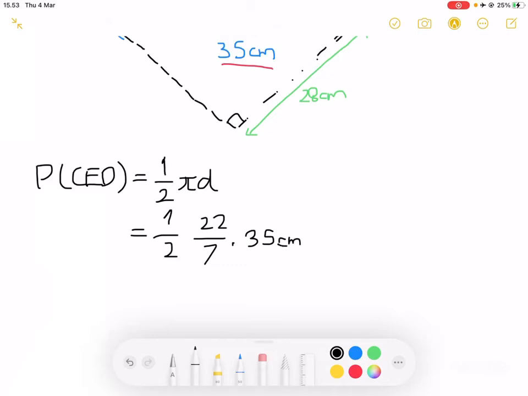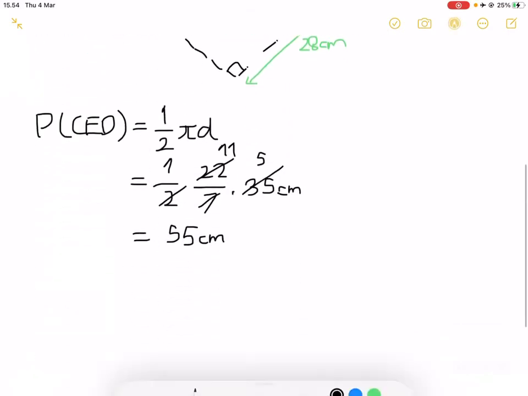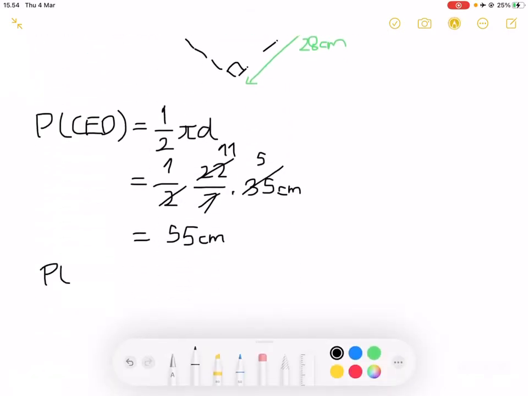And there's some cancellations going on here. This will leave us 11. This will leave us 5. Overall, the perimeter of this arc will be 55 centimeters. Alright, so the perimeter of the whole figure will be just the length of the sides that were built into this.